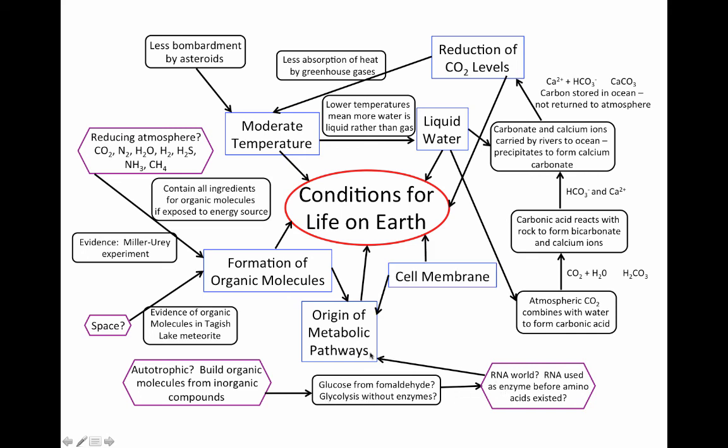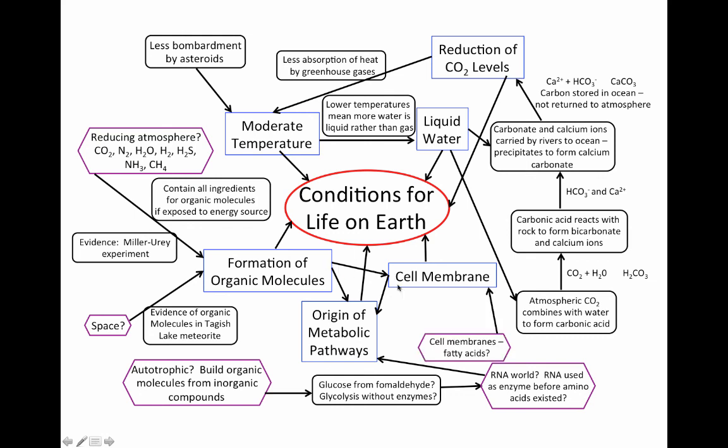The other critical component is, remember, something that was very important to this idea of homeostasis, and that's having a cell membrane to separate the living thing from the external environment. This is also going to be really important for separating these metabolic reactions from the outside environment. And what was needed was organic molecules to participate in forming the cell membrane.